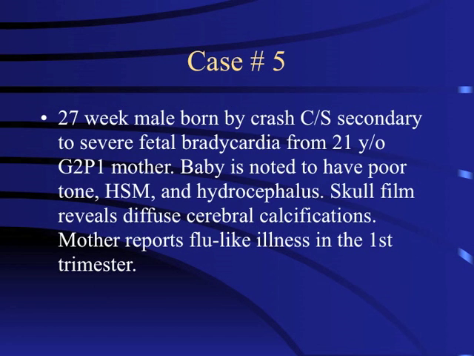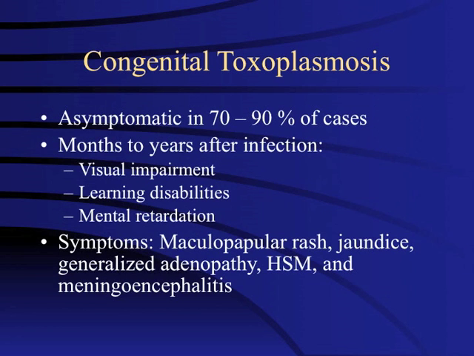Next case is a baby born at 26 weeks by crash C-section due to severe fetal bradycardia. He had poor tone, hepatosplenomegaly, and hydrocephalus. The skull film showed several calcifications, and the mom, after we talked to her, reported having a flu-like illness in the first trimester that she really hadn't sought care for.